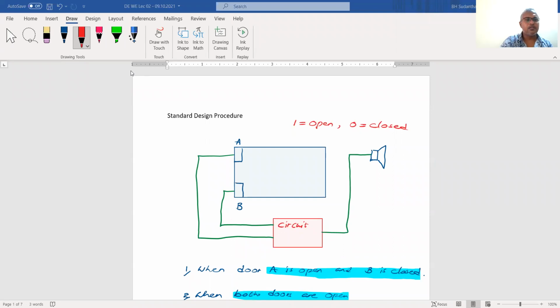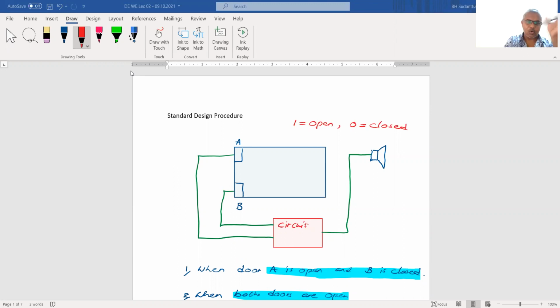The other question: with door A opening, the alarm anyway sounds. Yes, that will be true: when door A is open, for all these cases the alarm should be sounded, but that comes from the fact that we arbitrarily selected these two combinations. If you select different combinations, that is not true.